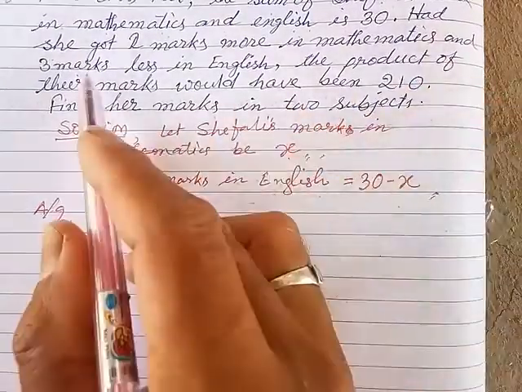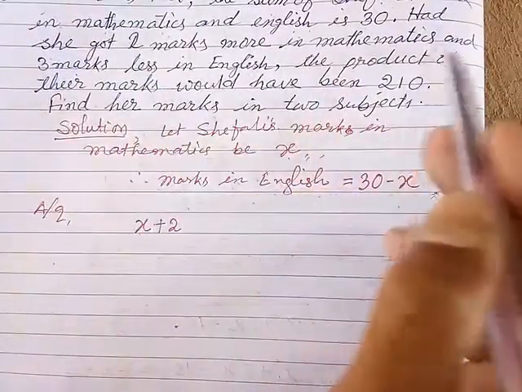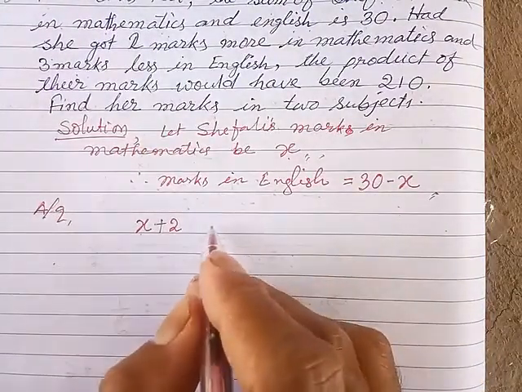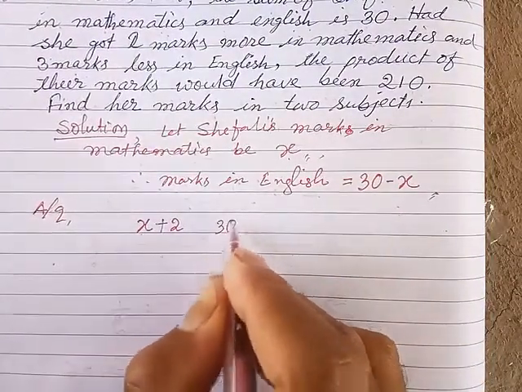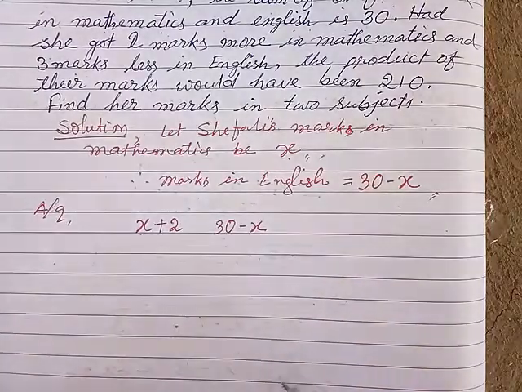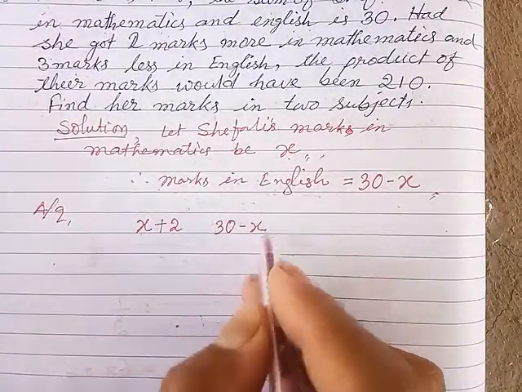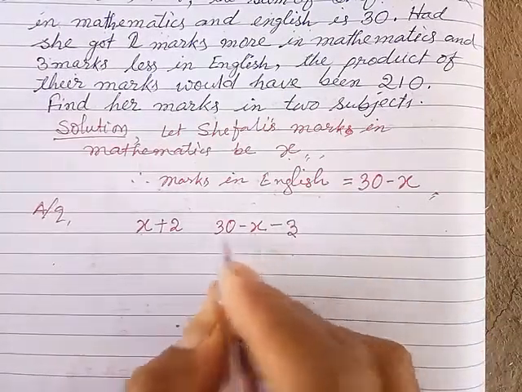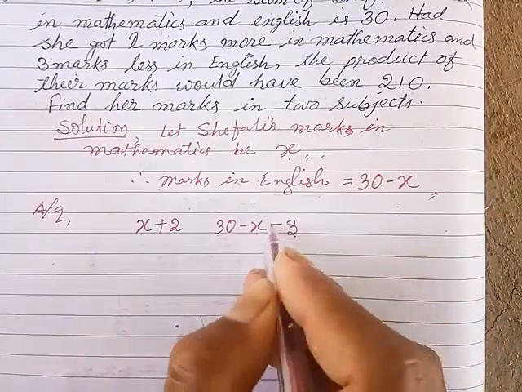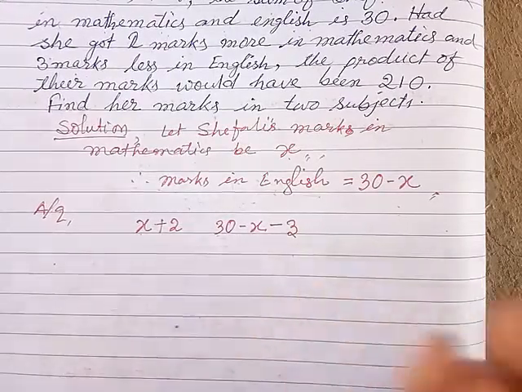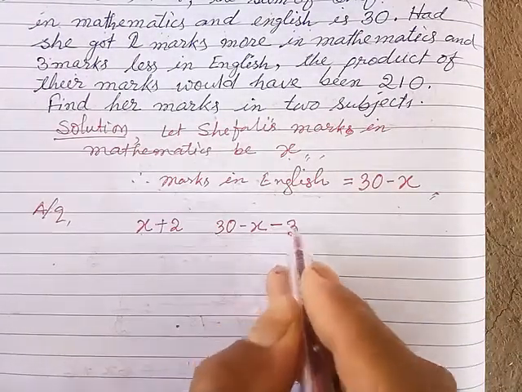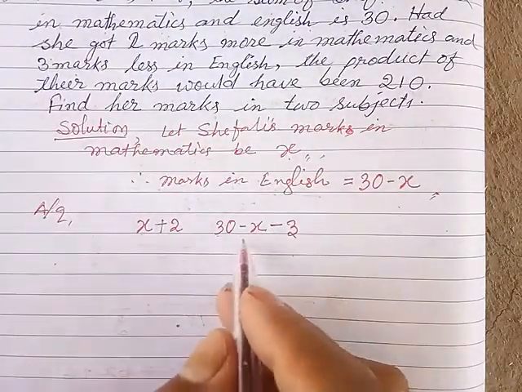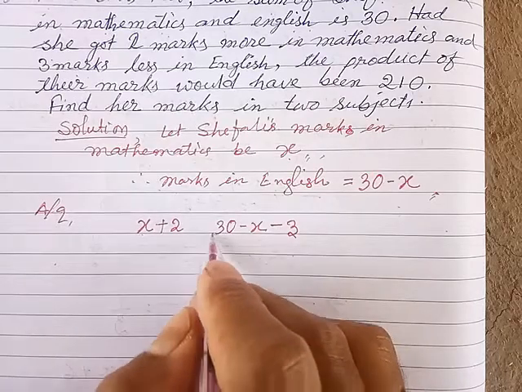Had she got 2 marks more in mathematics and 3 marks less in English, her English mark is 30 minus X, and 3 marks less means from the English mark it will be minus 3. English mark minus 3.